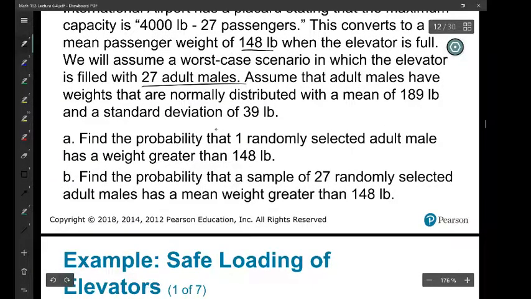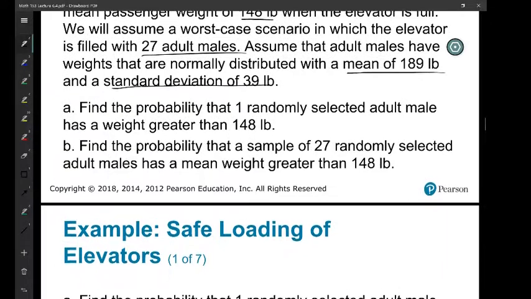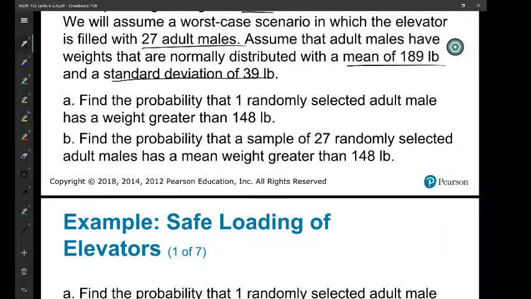Now, males have a mean weight of 189 pounds and a standard deviation of 39 pounds. So we want to find the probability that a randomly selected adult male has a weight greater than the carrying capacity average of 148.